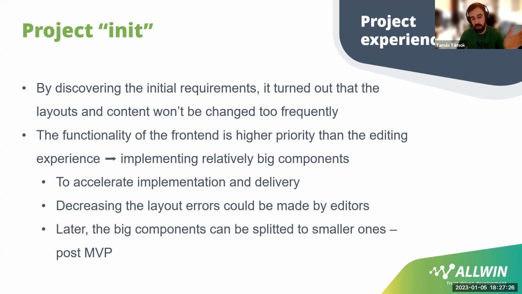So for example, if later they want to split up the big components into smaller ones, they can do it easily. But for the first phase, for the MVP, it was not really important. So the functionality of the front end was higher priority than the editing experience. The business logic was all happening on the front end, and the Node.js application and Sitecore and all the external services were bound together on the front end.